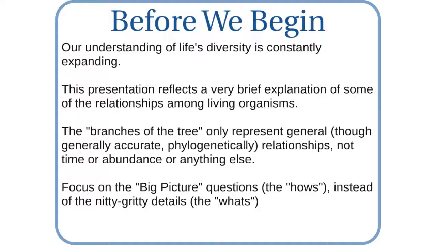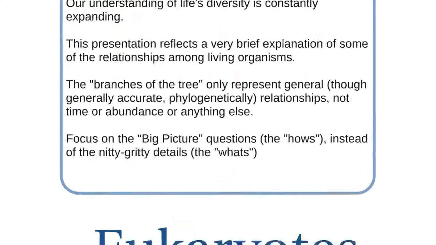The branches of the tree only represent general relationships, not time or abundance. Don't use it as a measuring stick. Focus on the big picture, the hows, instead of the nitty-gritty details. Don't focus on what these structures or forms are, but how they arose and maybe why they arose. Like, what did it enable? What was the positive here?